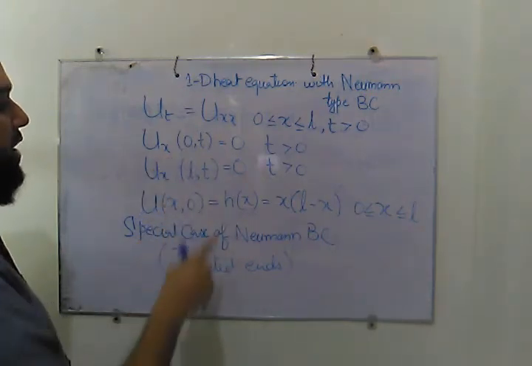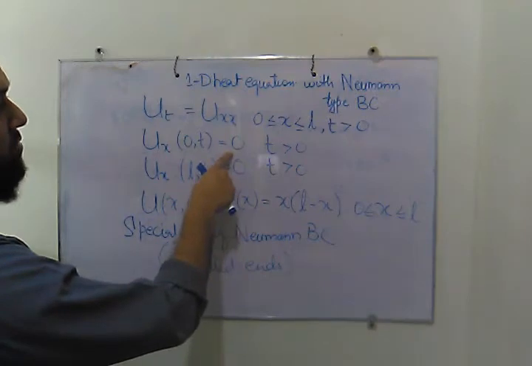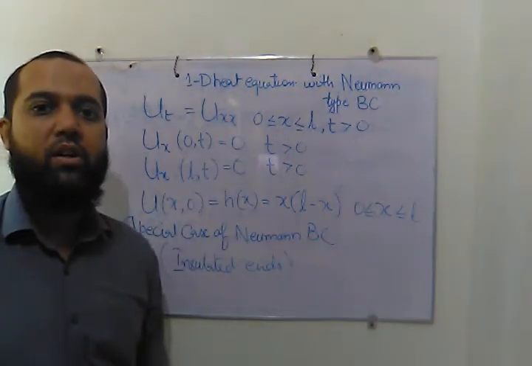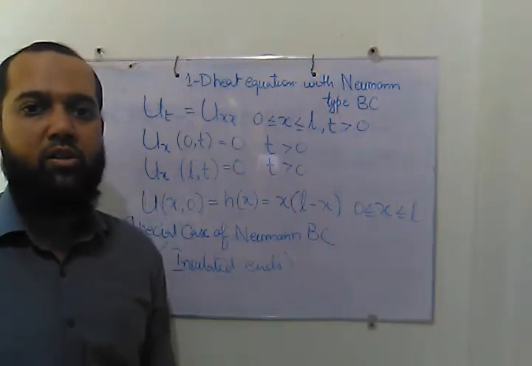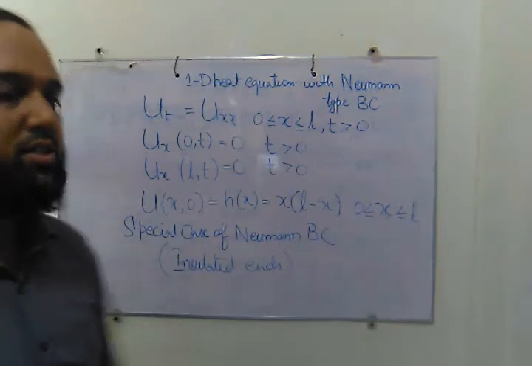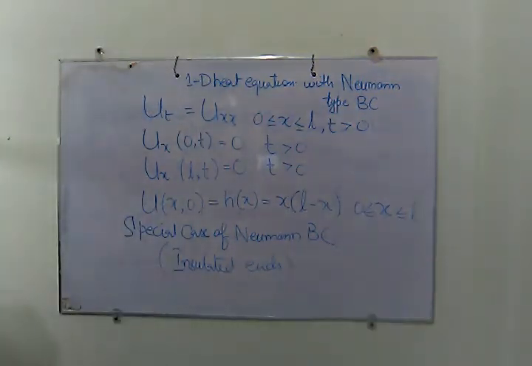If we have some non-zero value, then these boundary conditions will become non-homogeneous and it will complicate the situation. So for the Neumann boundary condition, we are solving the simplest case and we call it the insulated ends.